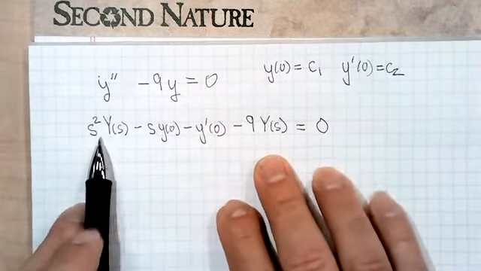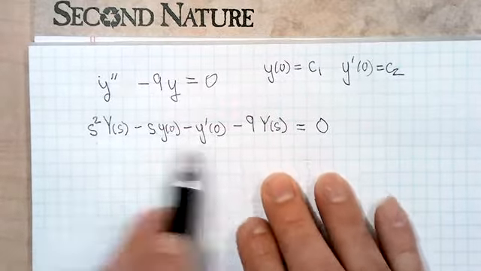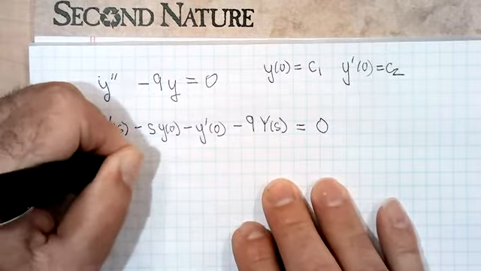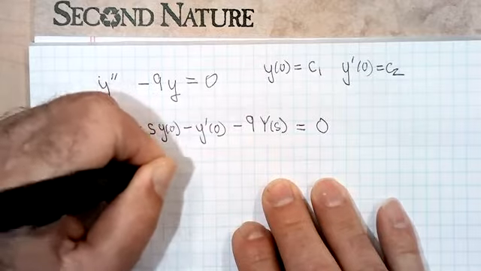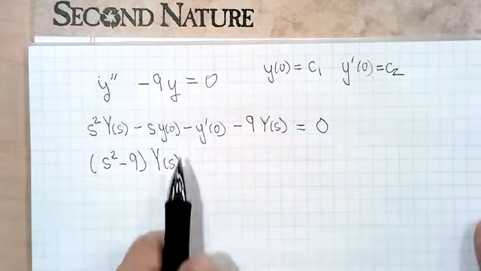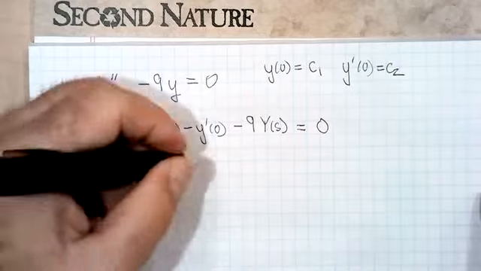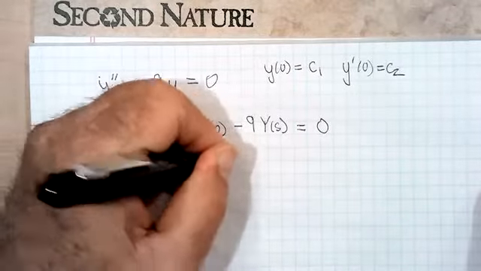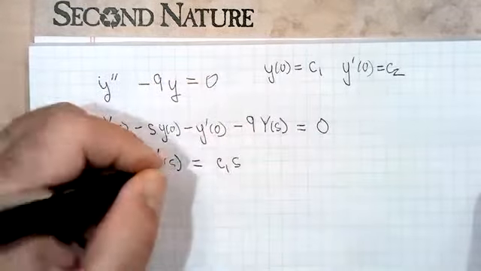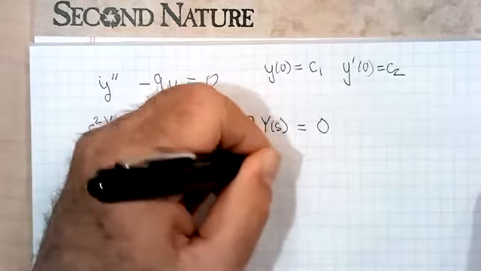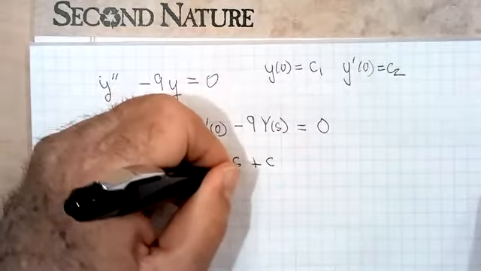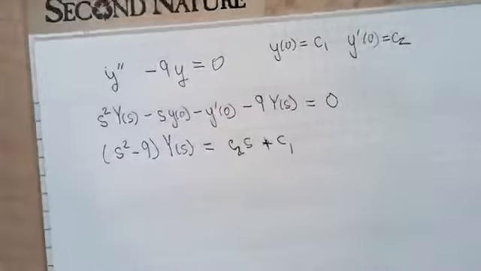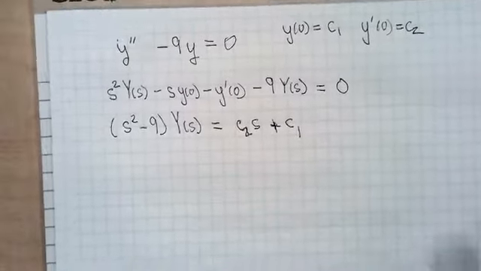So now I have this situation. The cap Y is multiplied by s squared minus 9, so I have s squared minus 9 times cap Y of s. And then I'll push these over to the other side, equals C2 times s plus C1. Anyway, two constants.